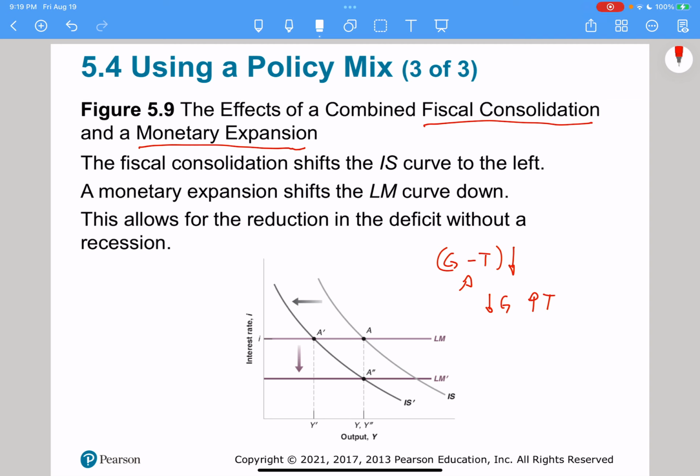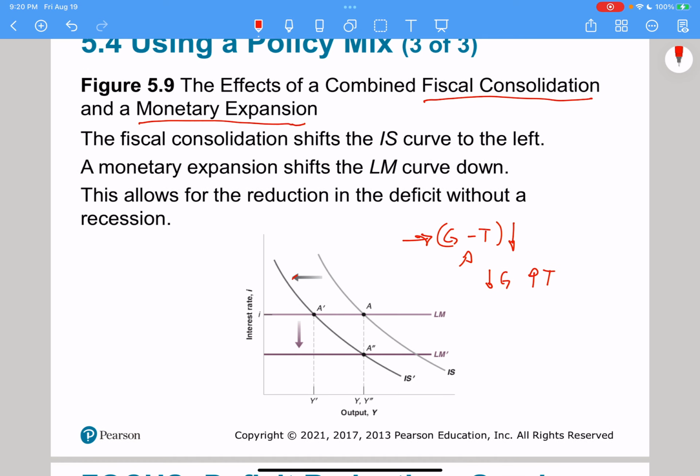In this case, this graph stops at the same level of the output. The idea here is the following. This allows for the reduction in the deficit, and the deficit is represented here, right? The reduction of the deficit without the creation of a recession, because you could reduce the deficit without looking at the output. It's just the first part of the movement. It's just this guy here, right?